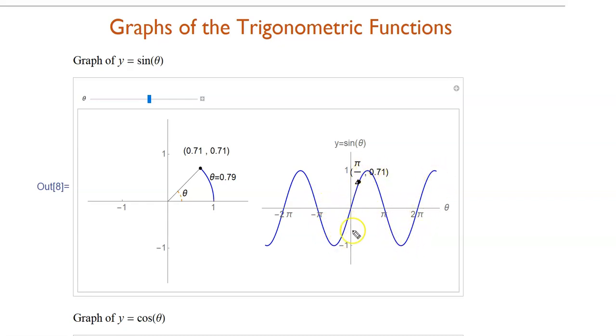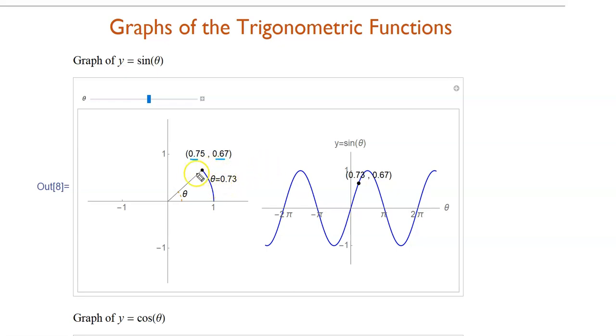Now to understand where that graph comes from, consider the diagram on the left over here. Here we have an angle theta drawn. Right now, let me move that slider just a little bit. So right here we have an angle theta drawn. Notice that we have our x and y coordinates listed here.